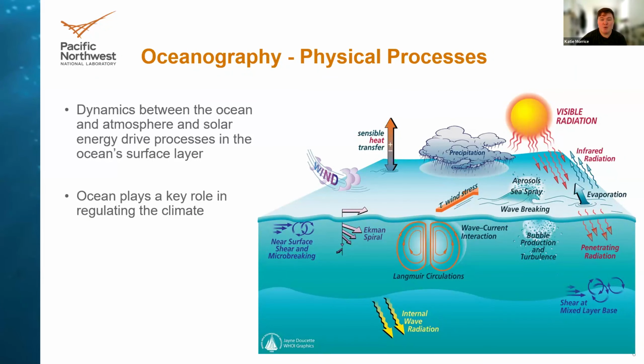Ocean currents, waves, and tides are some of the primary drivers, and those that people are most familiar with. The ocean also plays a key role in regulating the climate, and understanding these physical processes is critical to understanding nutrient dynamics and biological productivity.